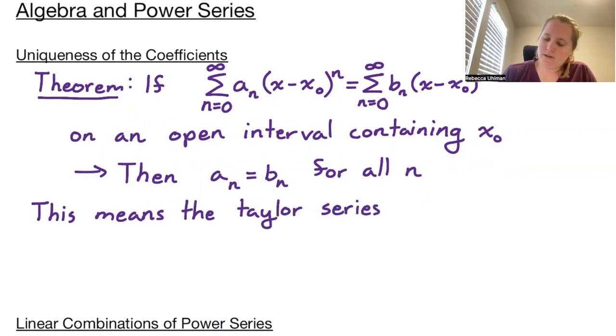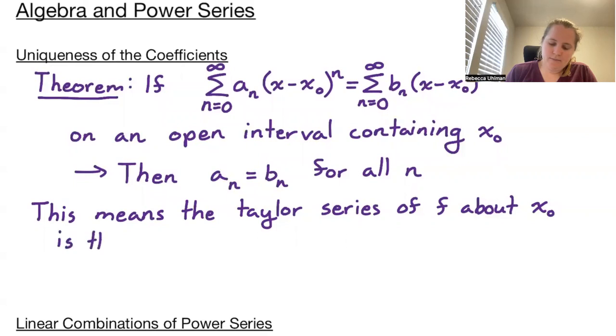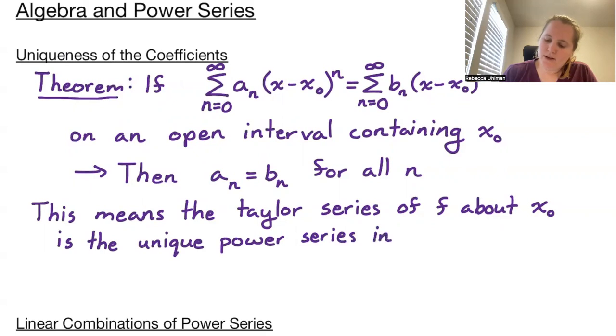So the Taylor series of f about x naught is the unique power series in x minus x naught for f.